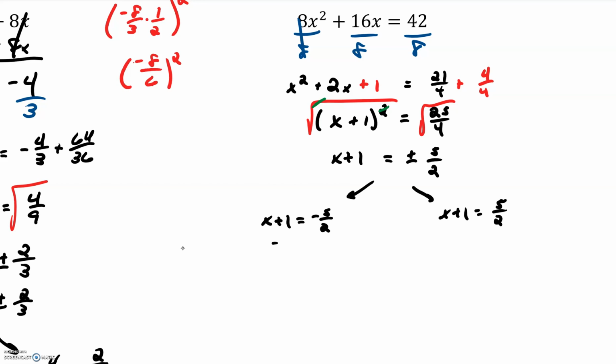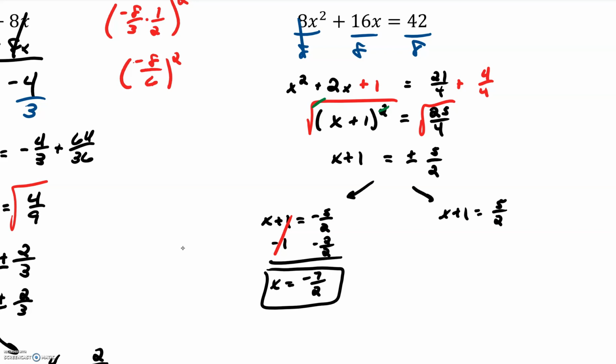I know I'm going to subtract 1 from both sides, and I have a fraction with a denominator of 2, so I'm going to subtract 2/2 from the right-hand side, which is the same as 1. These ones cancel. I'm left with x is equal to negative 5/2 minus 2/2 is negative 7/2.